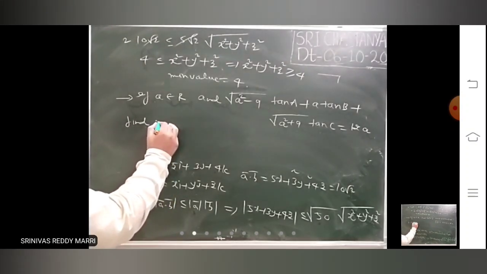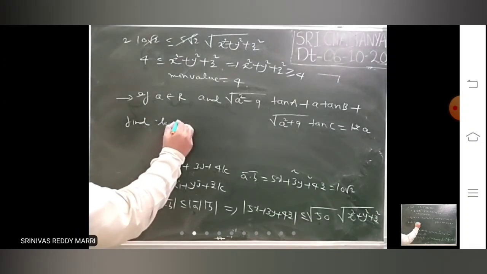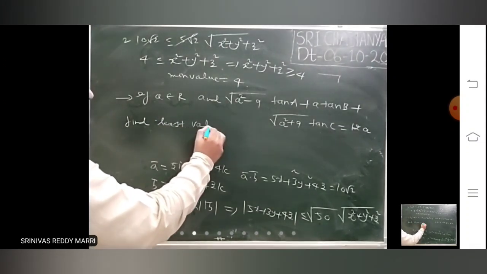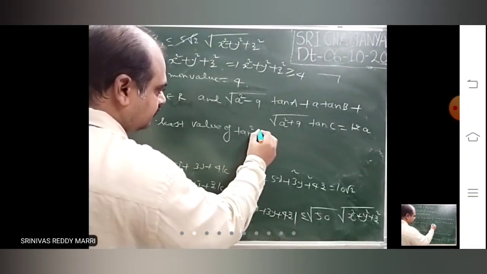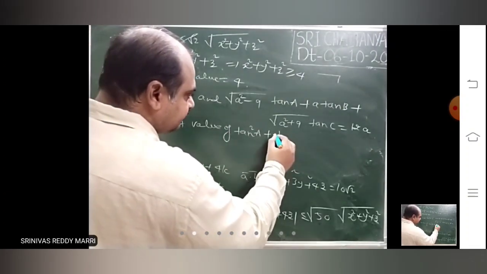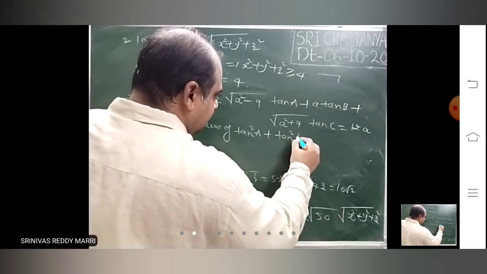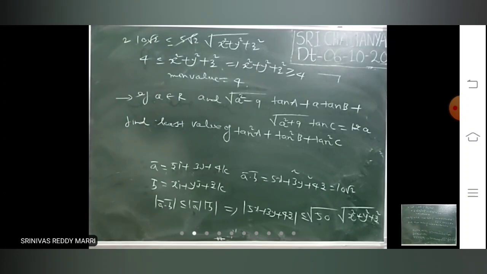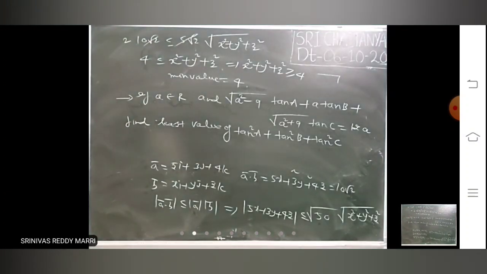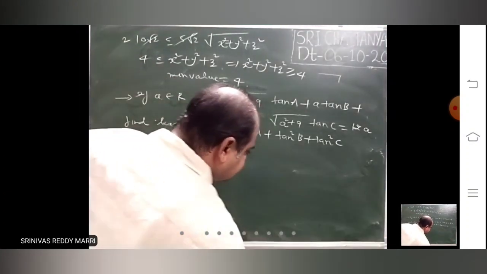Find the least value of tan square A plus tan square B plus tan square C.